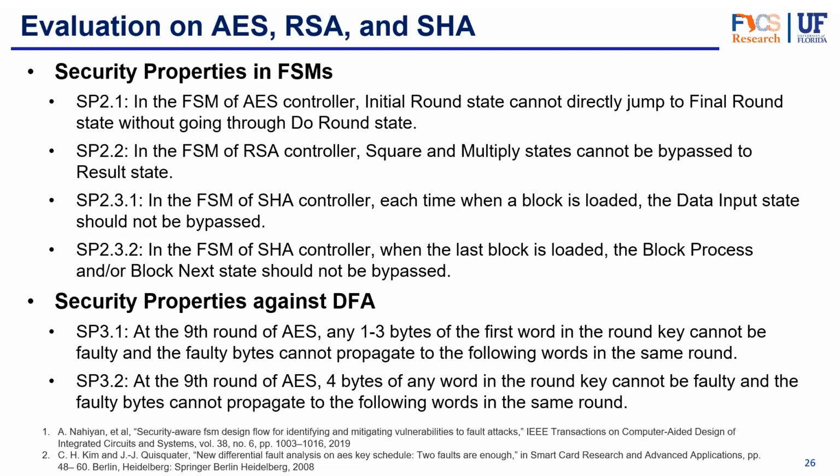At the same time, we came up with a set of properties based on differential fault analysis, and in these designs, we identified the most important security properties that we should protect the design with to prevent differential fault analysis. For that, we have created an internal database of all of these properties, and it's an ongoing effort. All of these properties are going to be added to that database.